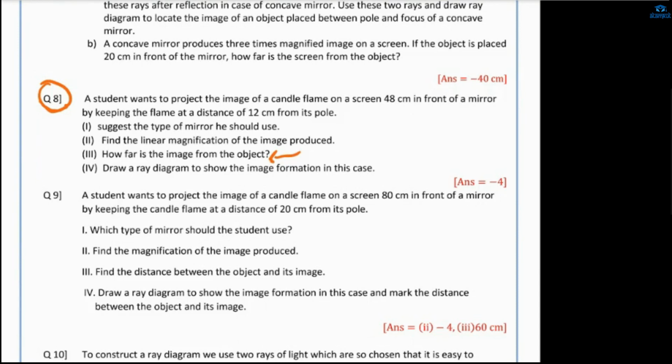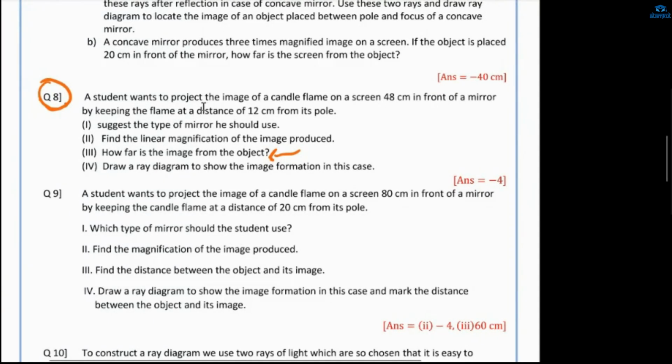And draw a ray diagram to show the image formation in this case. Have you drawn that? I'm drawing it right now. Yeah, it's important, so you try it. Is it done? Yes, ma'am. Can you send it to me?